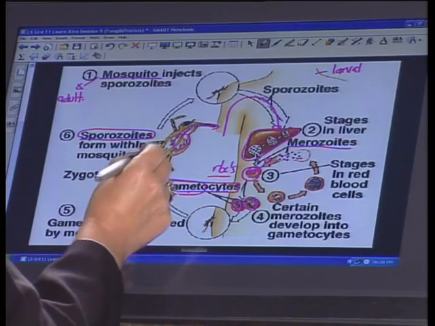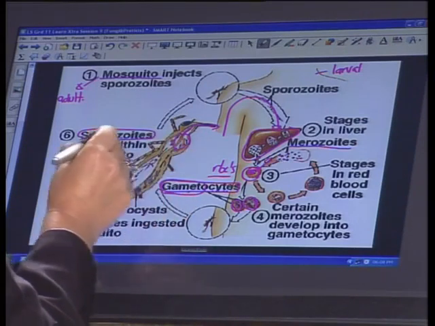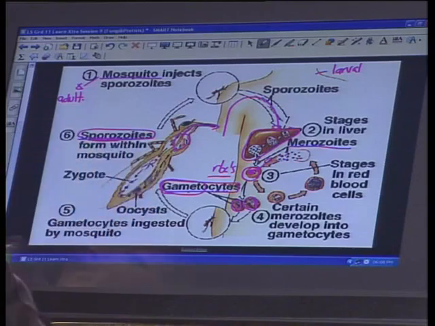They migrate back to the mosquito's salivary glands and form the form called the sporozoite, and they will lie there in the mosquito's salivary glands waiting for her to find her next blood meal. Kind of scary, hey? Let's look at some pictures.